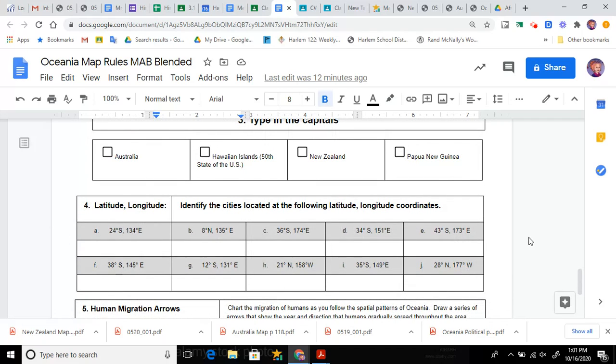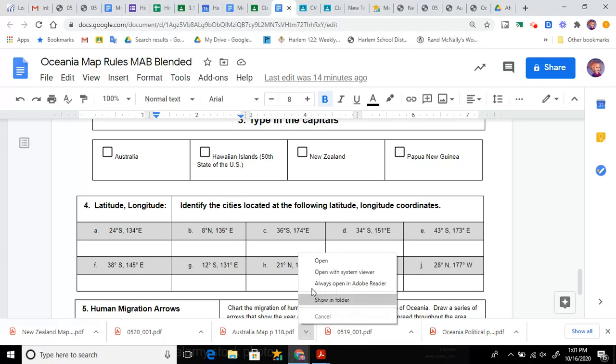section number 4 has to do with identifying the cities that are at the following latitude, longitude coordinates. And the attached maps, so I'm going to pull one of these up here.